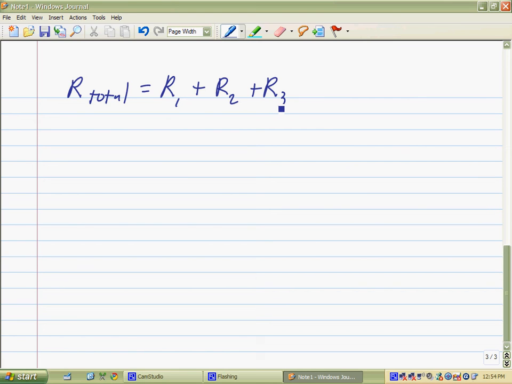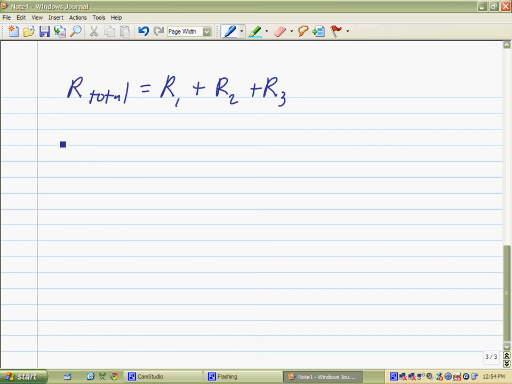So our resistance combines like we would expect it to, and it matches with the math from Ohm's law, and it matches with the experiment.